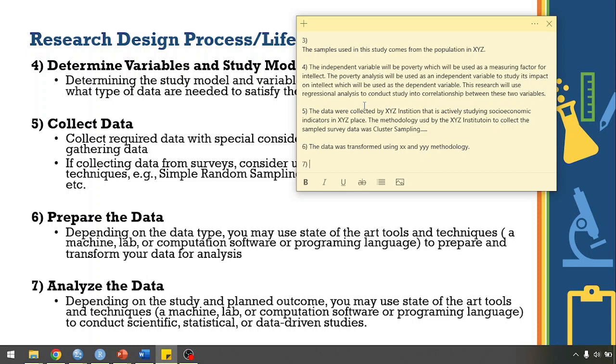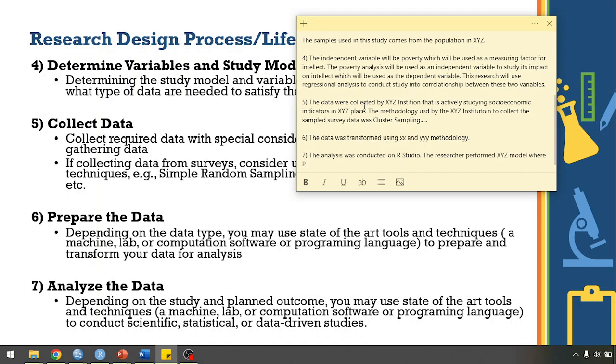This is where you're going to add all your backup, all your data, all your data-driven evidence, for lack of a better word. So you would say the analysis was conducted on, let's say, RStudio. The researcher performed XYZ model, then you provide p-value information or any statistical information that you need.